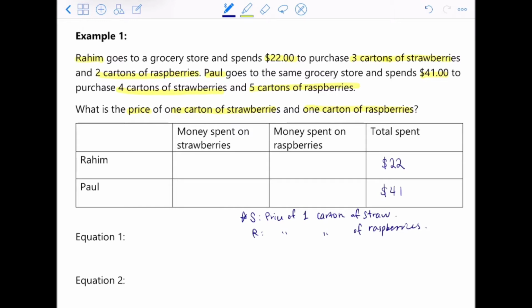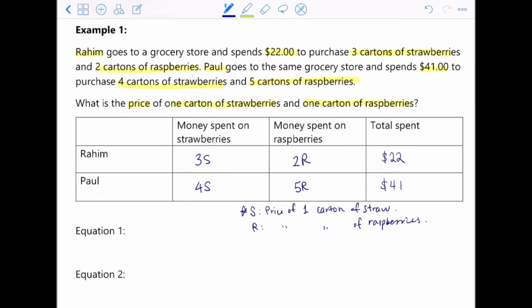We can actually say Rahim bought 3 cartons of strawberries and 2 cartons of raspberries. Same thing for Paul. This would be 4S and 5R.